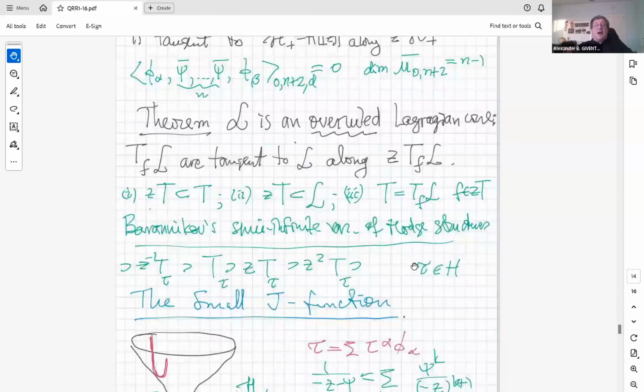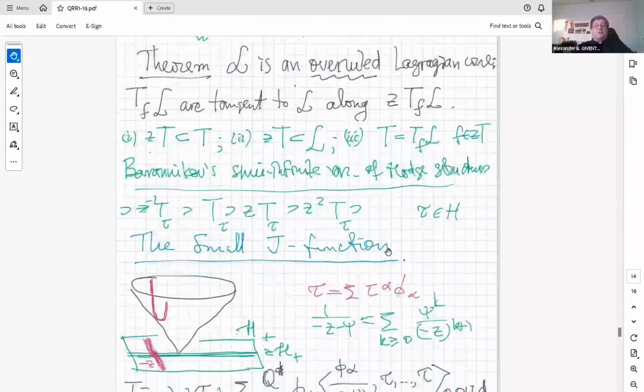And it varies with tau, but in such a way that each next space infinitesimally varies inside the previous one. It is Griffiths' transversality condition. I would call it an integrability condition. It is the condition in Hodge structures, so it is called a semi-infinite variation of Hodge structures.